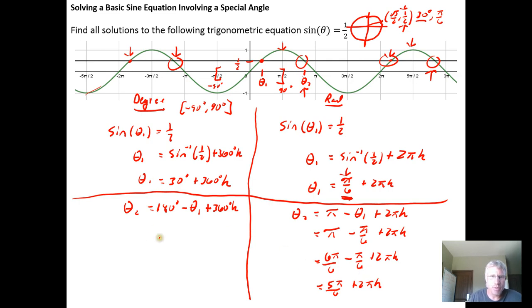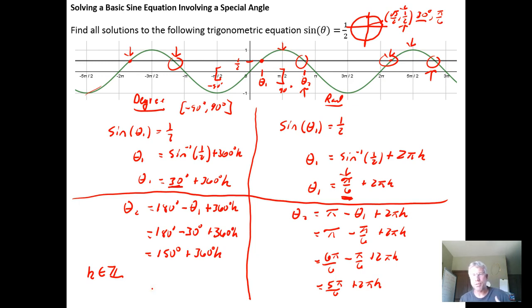Or if we were in degree world, we would just get 180 degrees minus 30 degrees, which is theta 1 in degree world, plus the 360 degrees k, equals 150 degrees plus 360 degrees times k. And in all of these cases, all 4 of the cases, we know that k needs to be an integer. So 0, plus or minus 1, plus or minus 2, and so on and so forth.